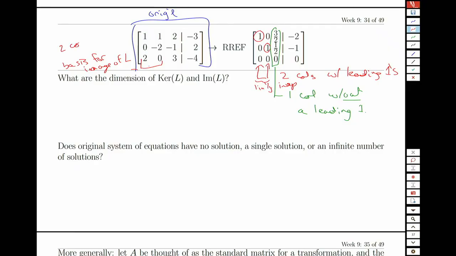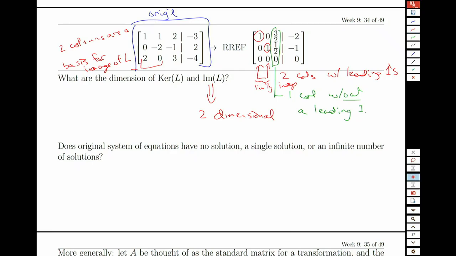Those are two columns. Those two columns are a basis. And if I have two vectors in my basis, then my basis is two-dimensional, or my space is two-dimensional. So the image is two-dimensional.